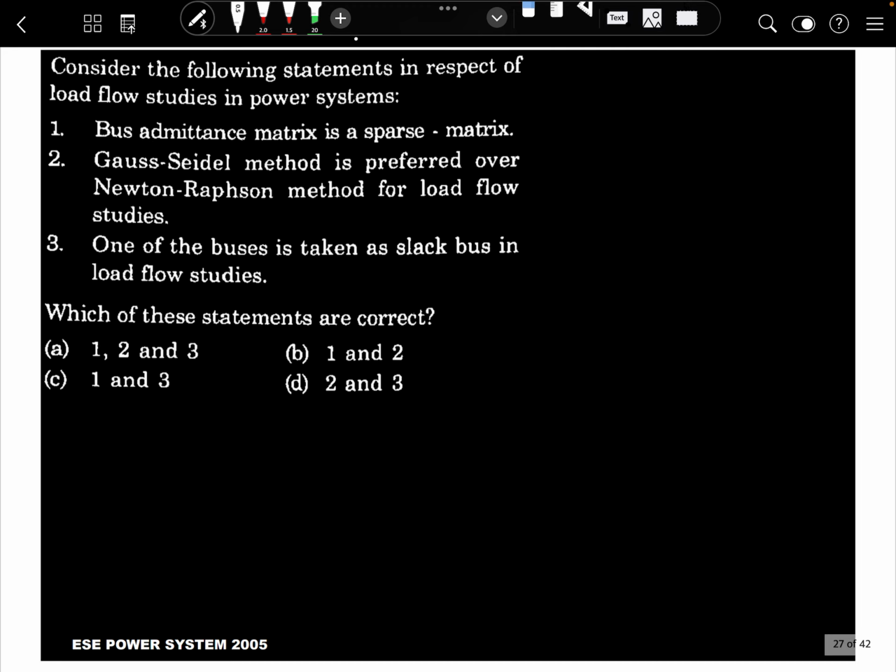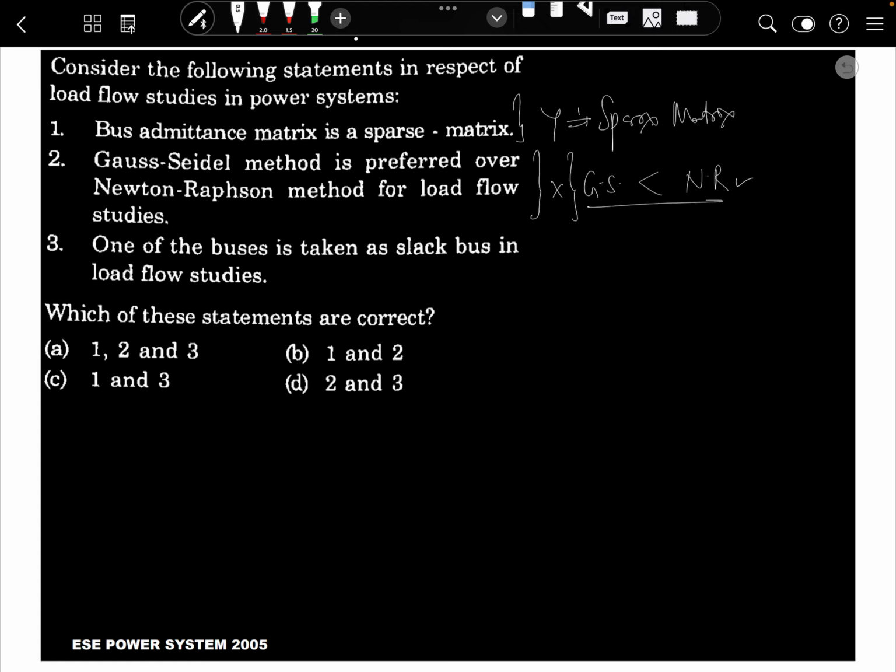Next, consider the following statements irrespective of load flow study in power system. The bus admittance matrix Y bus is sparse. I hope we just saw the sparse matrix. Then the second is saying Gauss-Seidel is preferred over Newton-Raphson. No, Newton-Raphson is preferred over Gauss-Seidel, so this is wrong. The first statement is correct.